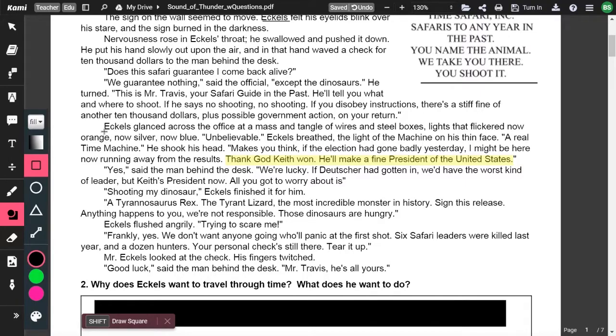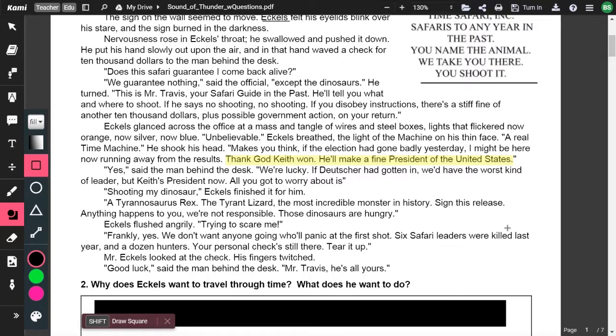Eccles glanced across the office at the mass of tangled wires and steel boxes, lights that flickered in a row of orange and then silver and then blue. Unbelievable, Eccles breathed. The light of the machine on his face was unreal. A time machine. He shook his head.